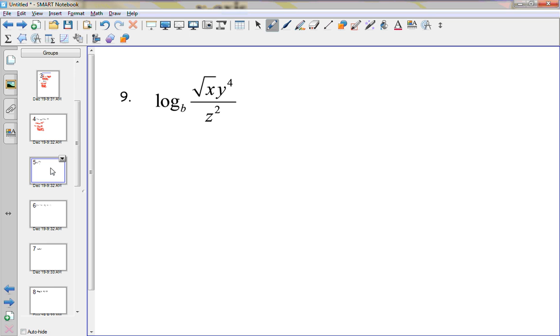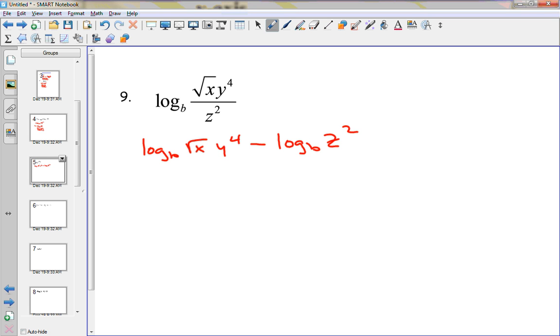Number 9. Number 9 says expand each of the following. So I need to expand this thing. What's the first thing you notice? Division. What is that in log world? Subtraction. So I have log base b of the square root of x, y to the 4th, minus log base b of z squared.